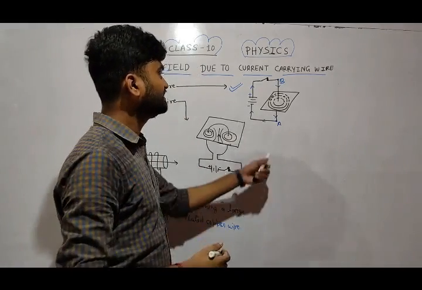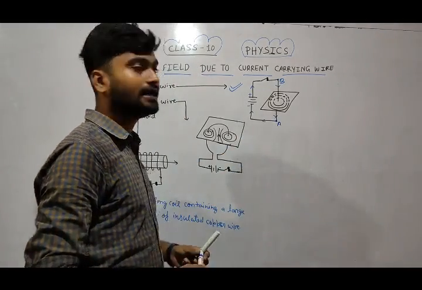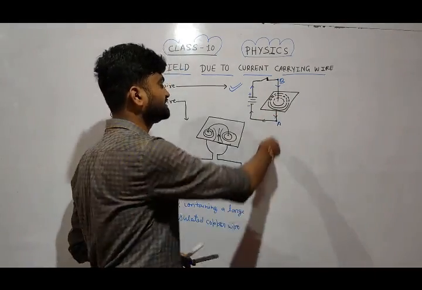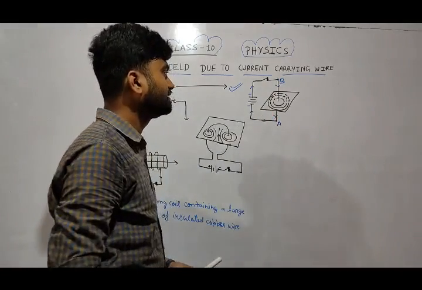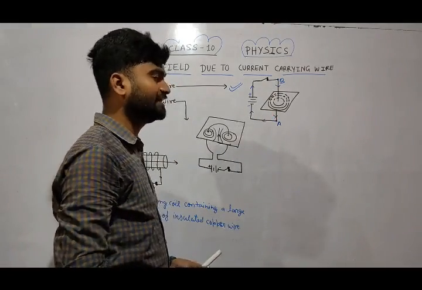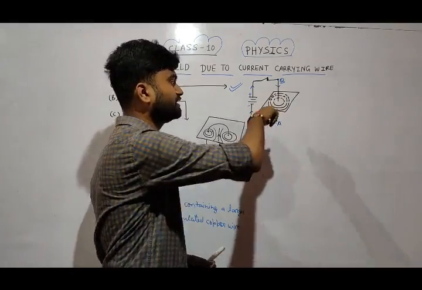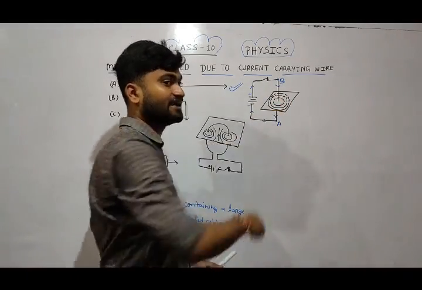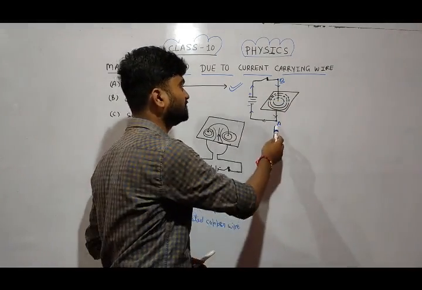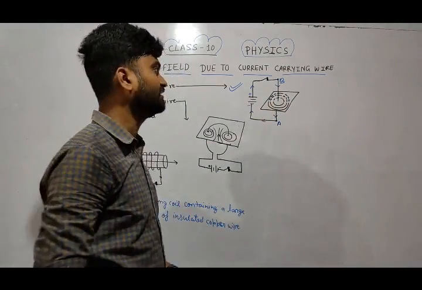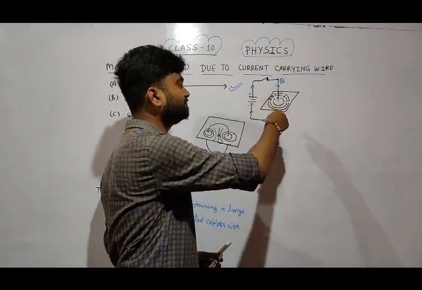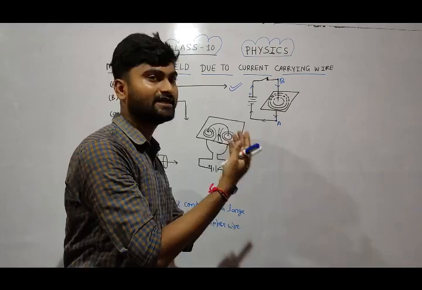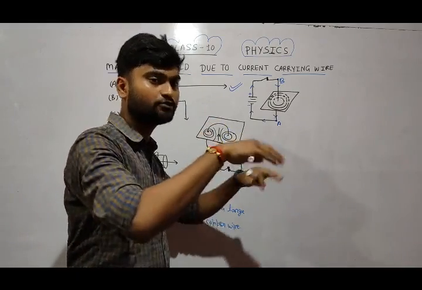So when current flows in a straight wire, then magnetic field lines are produced surrounding the wire, and the magnetic field lines are circular.